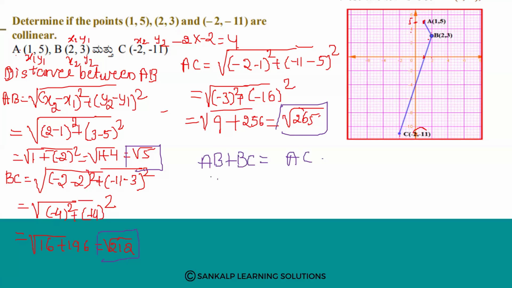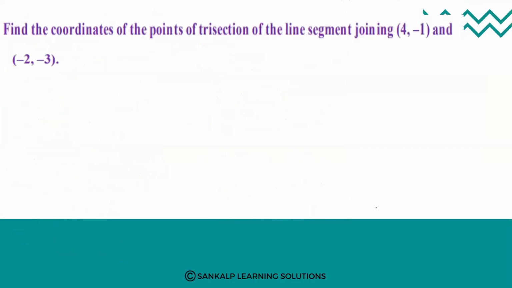AB is root 5 and BC is root 212, AC is root 265. Do you get it? No, you will not get. Therefore, AB plus BC is not equal to AC. Therefore, these are not collinear.